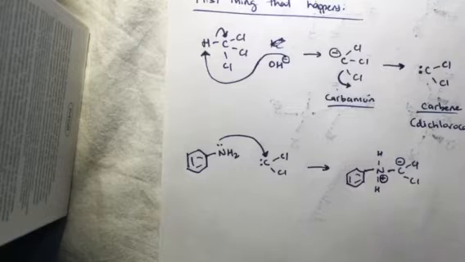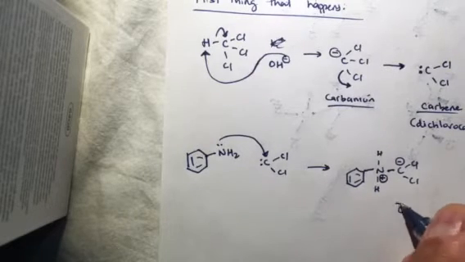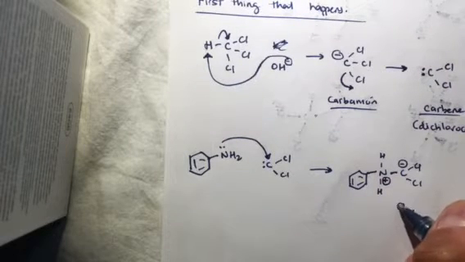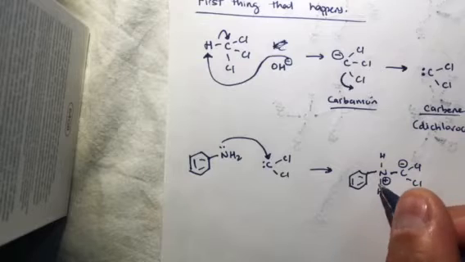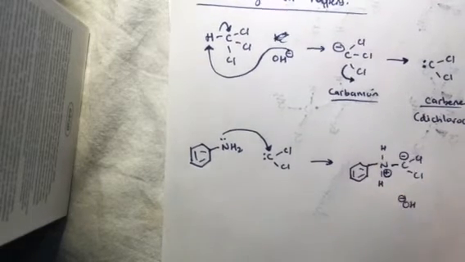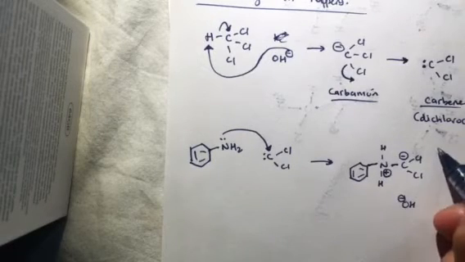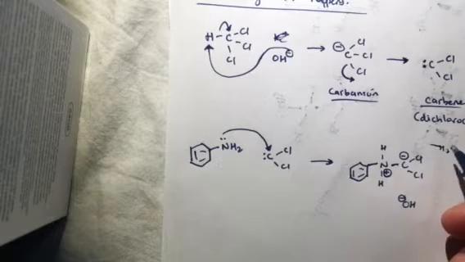Here, what happens is an OH minus comes in and takes away the hydrogen to create water, and it will alleviate the positive charge on the nitrogen. On the next step, the negative charge picks up a hydrogen from the water molecule.